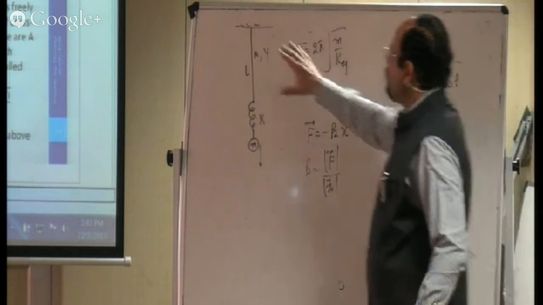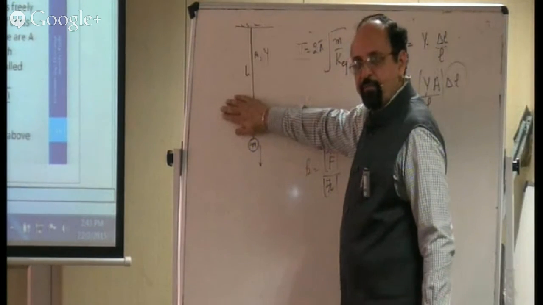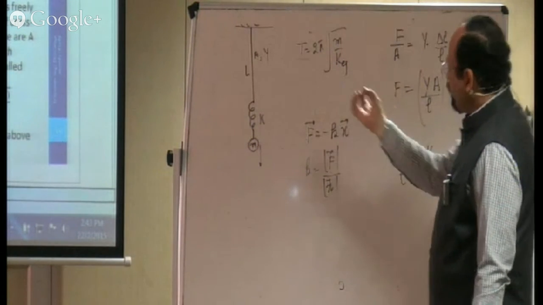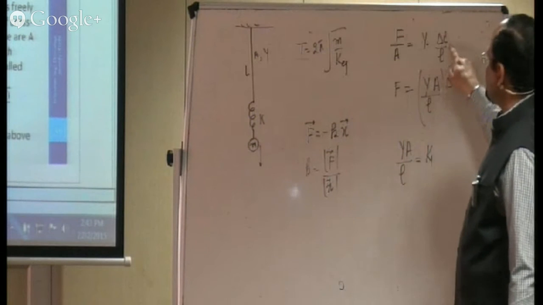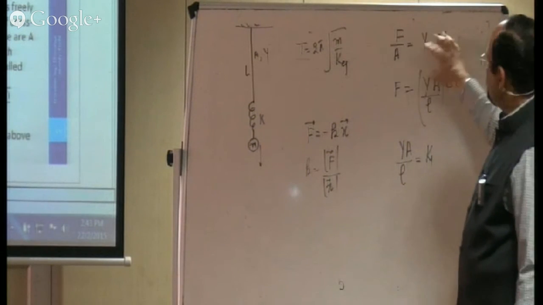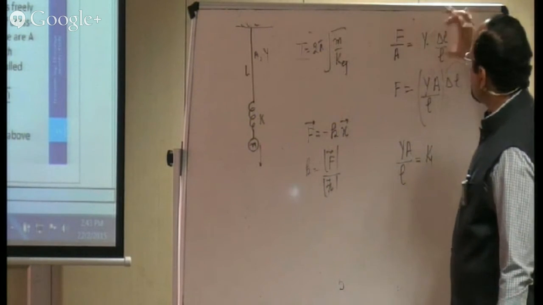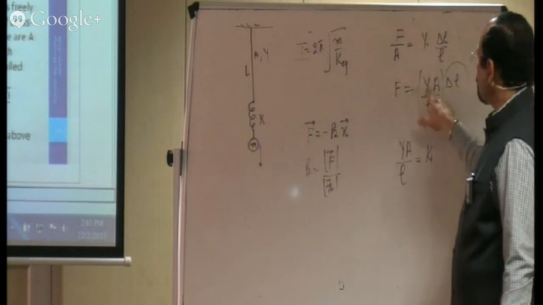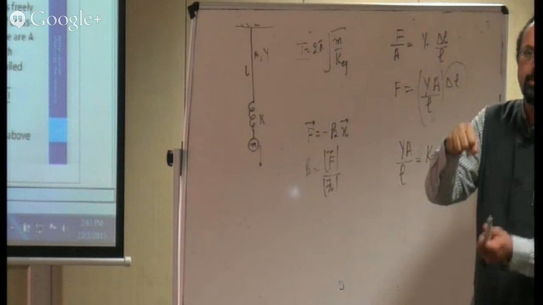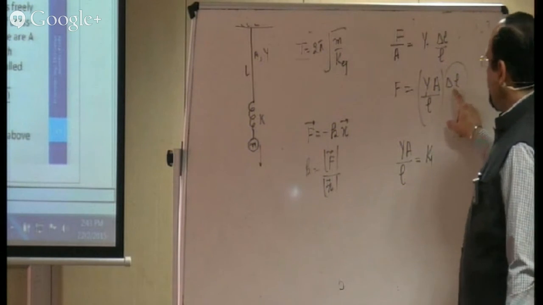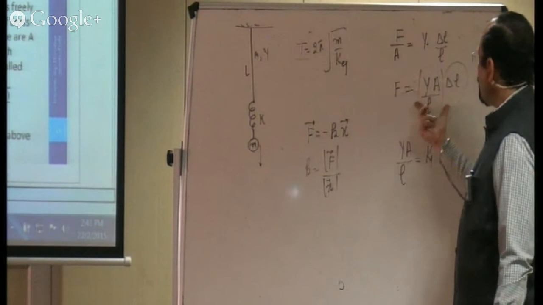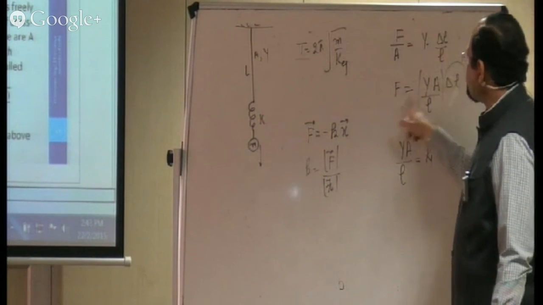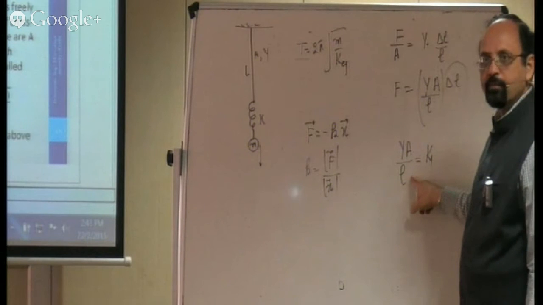If there is a wire alone, forget about this spring for a minute. If I put a load on the wire, it extends by length delta L. Then the relation is stress is Young's modulus into strain. From there, I got this expression for force, which is in fact a restoring force to bring it back. Force is proportional to a constant into the extension. Force per unit extension is the force constant.